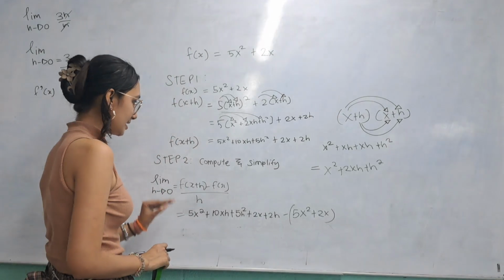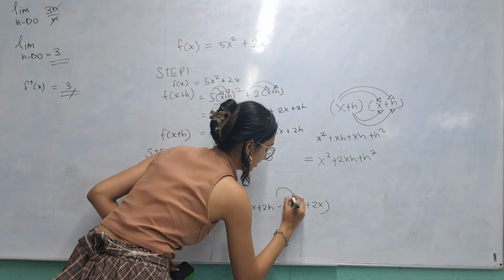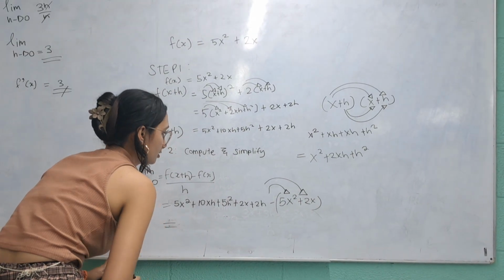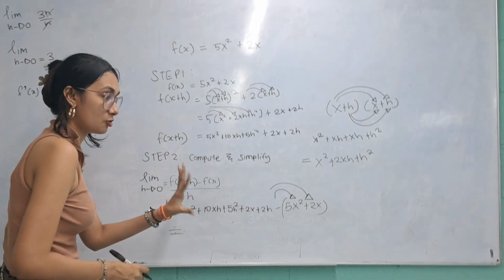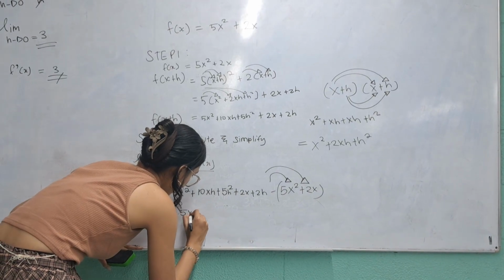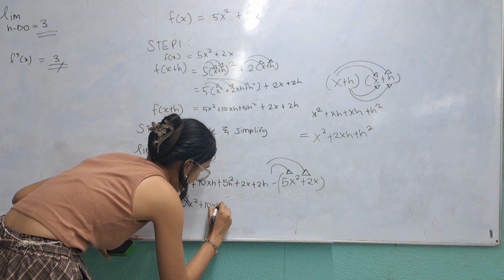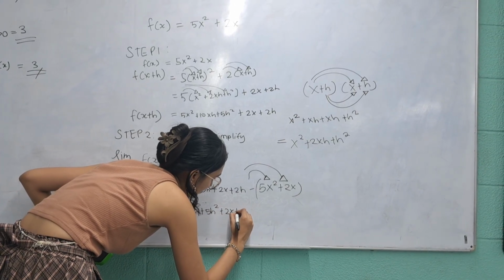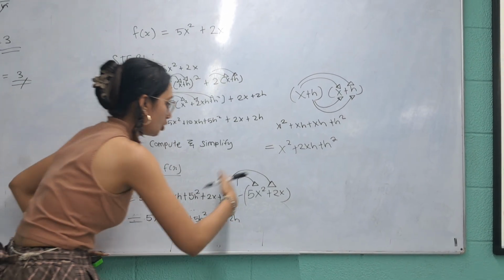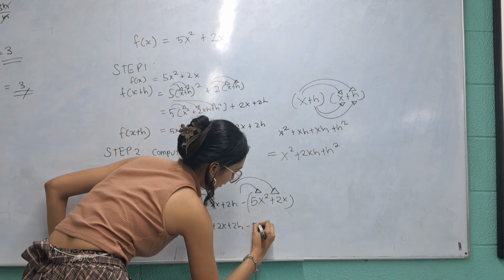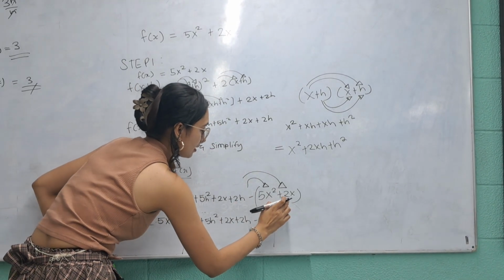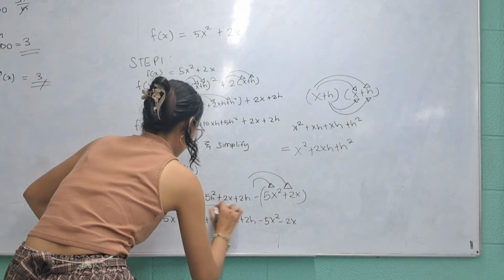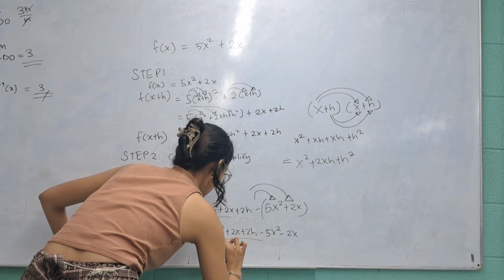Before going to the next step, we have to first expand this bracket in order to solve and find the common terms. So we will get 5x squared plus 10xh plus 5h squared plus 2x plus 2h, and then negative 5x squared minus 2x, divided by h.